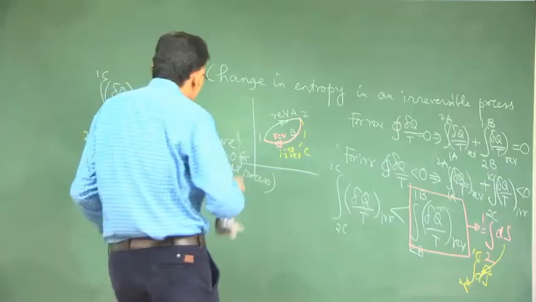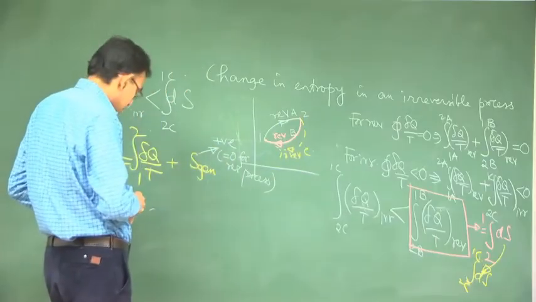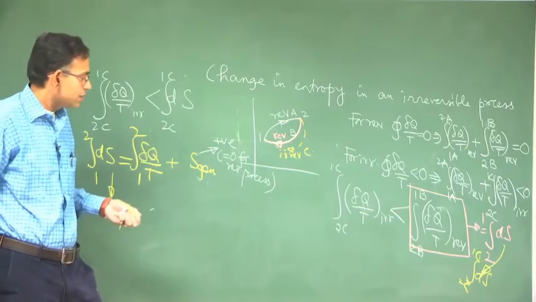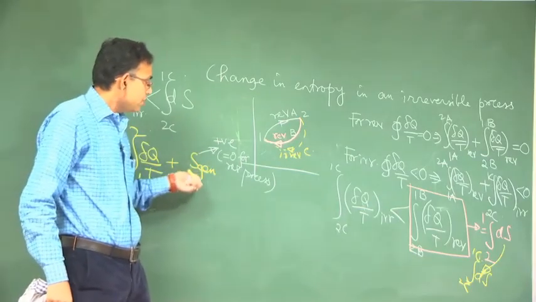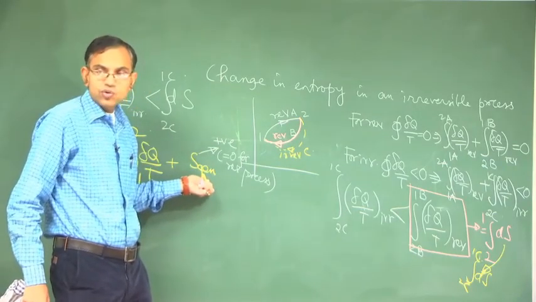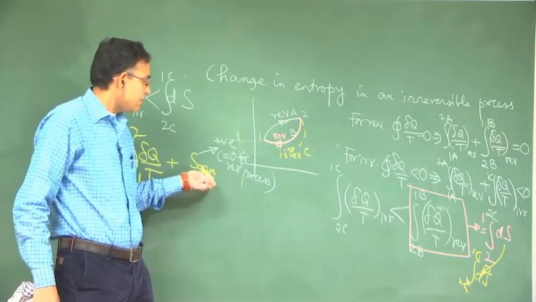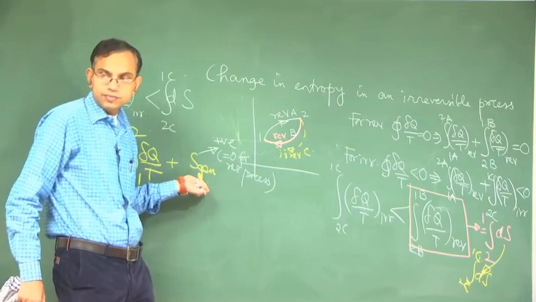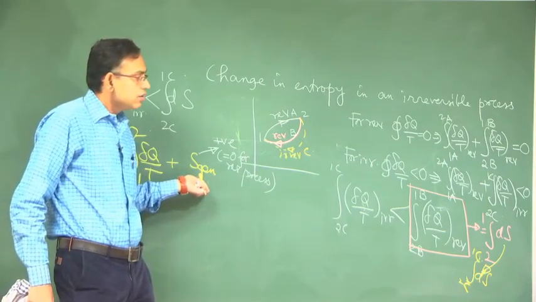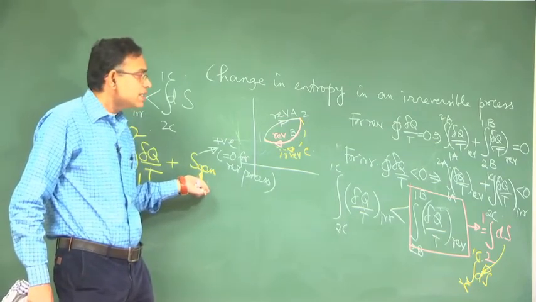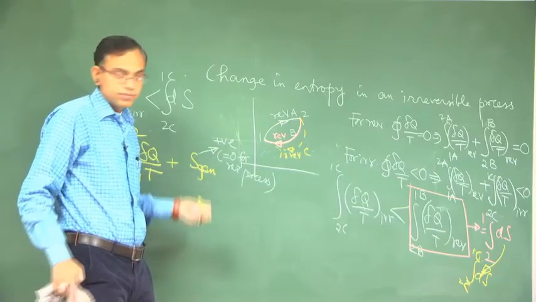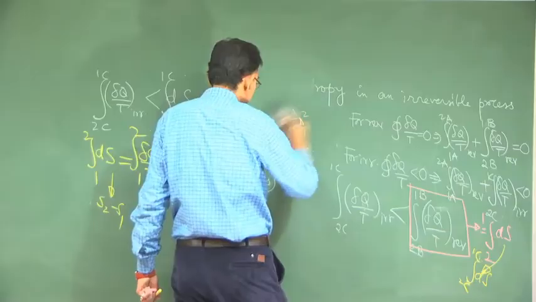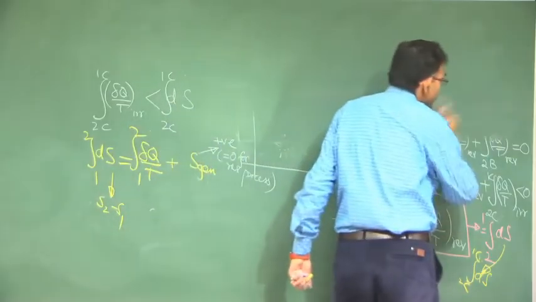So, here we have introduced entropy generation as a term which is positive, just to give the flavor of a mathematical equality instead of a mathematical inequality. But let us try to give a physical interpretation to this. So, we will discuss something which is called lost work.